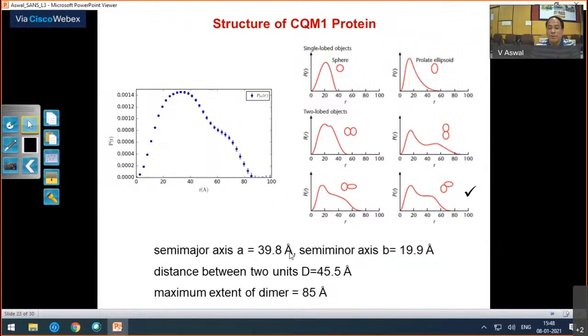So we model with the form factor of an ellipsoid, where the semi-minor axis is found to be 13.8 angstrom and the semi-major 19.9. They are ellipsoidal in shape, and you can also model how these are connected with each other. What we found was the distance between two units is about 45.5 angstrom.